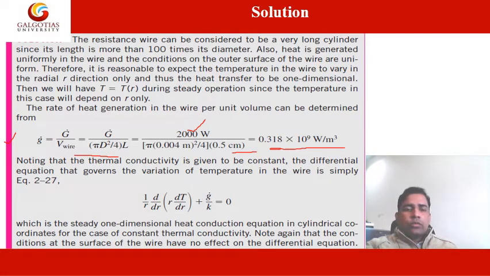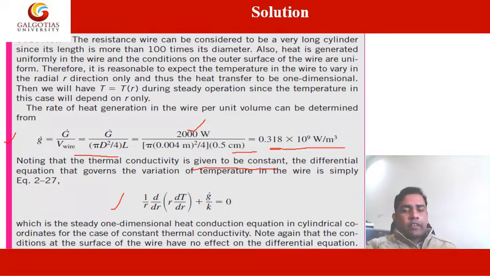Okay, so thermal conductivity, as we know, is given to be constant. So the differential equation that governs the variation of temperature in the wire can be simplified in this way. Again, you can see this is the general heat conduction equation for the case of a cylinder.